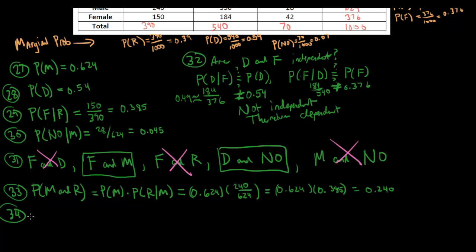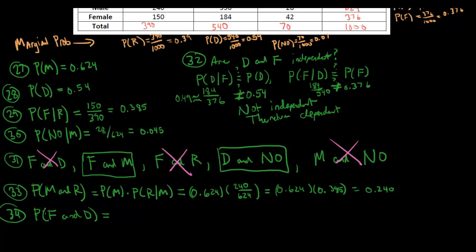Number 34 says we want to find the probability that a randomly selected participant is female and holds the opinion that Democrats have better domestic policies. So F and Democrat. Now, again, this is a joint probability. If we do not know the events are independent, we have to use this method to calculate joint probabilities.